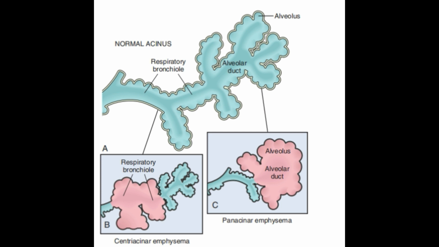The emphysema is more striking adjacent to the pleura along the lobular connective tissue septa, at the margin of lobules. It occurs adjacent to areas of fibrosis, scarring, or atelectasis, and is usually more severe in the upper half of the lungs.